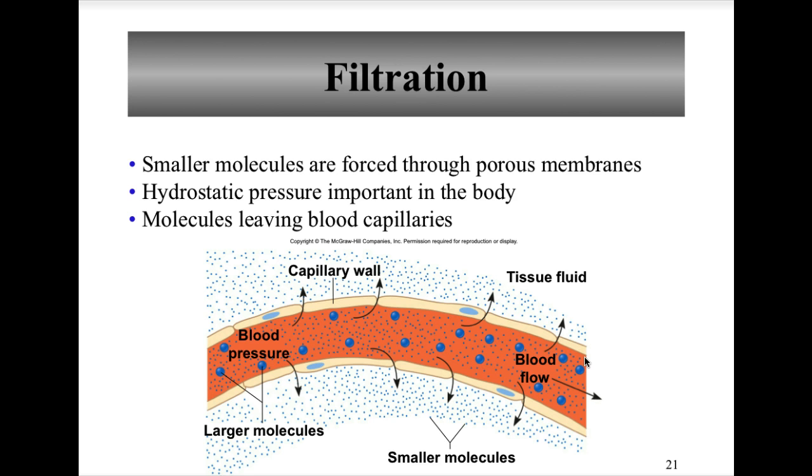An example of this is excretion. Blood being filtered through the capillaries of the kidneys is used to help remove waste. Smaller molecules are going to be forced through porous membranes. Hydrostatic pressure is important in the body, and for the molecules leaving those blood capillaries.